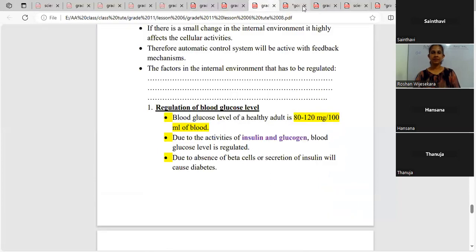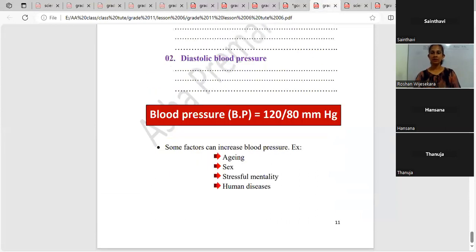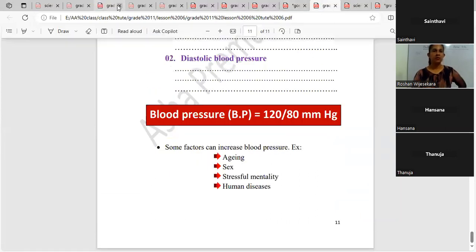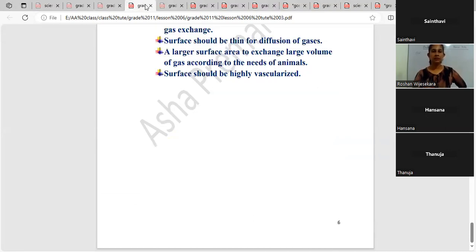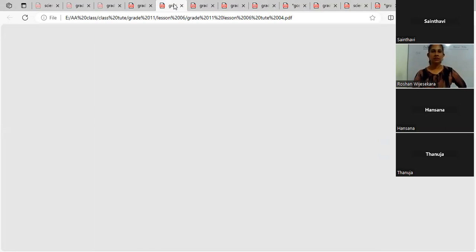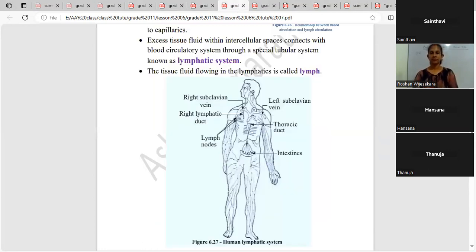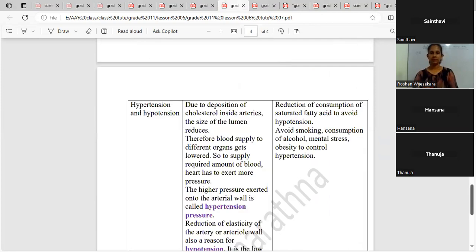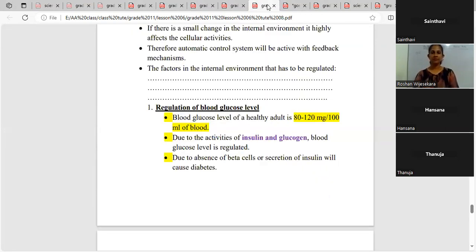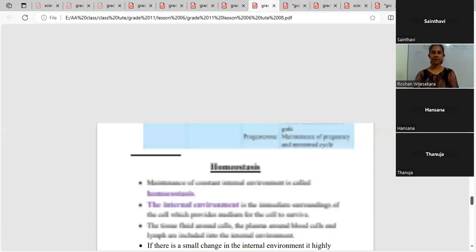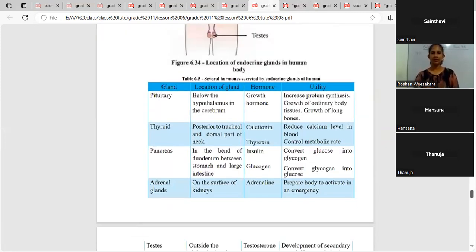You can write answers with that summarized table. Here, this table: several hormones secreted by endocrine glands of humans. That question is coming from this table.